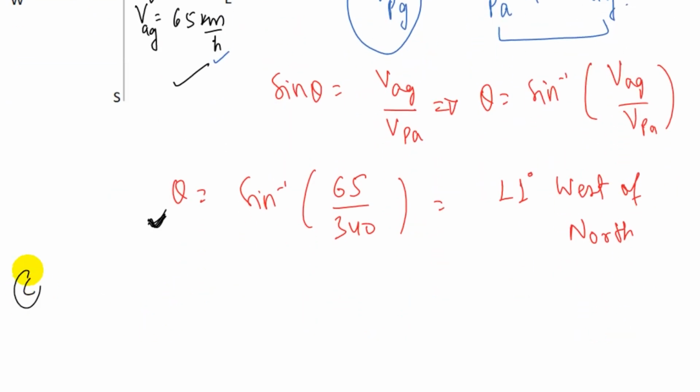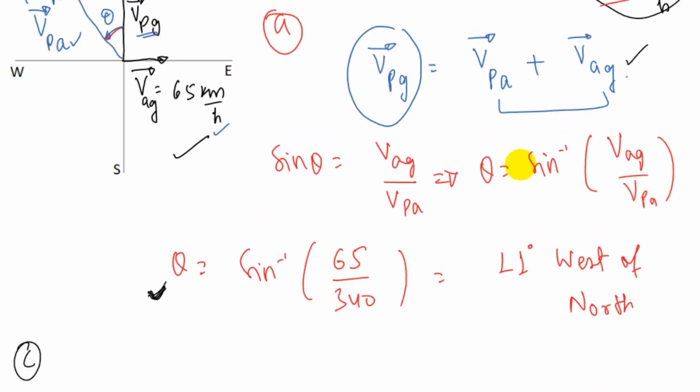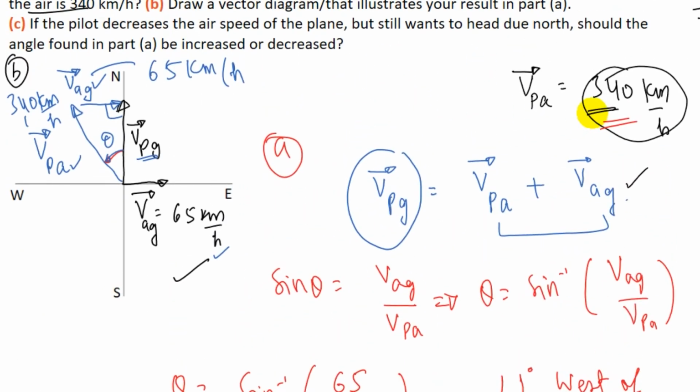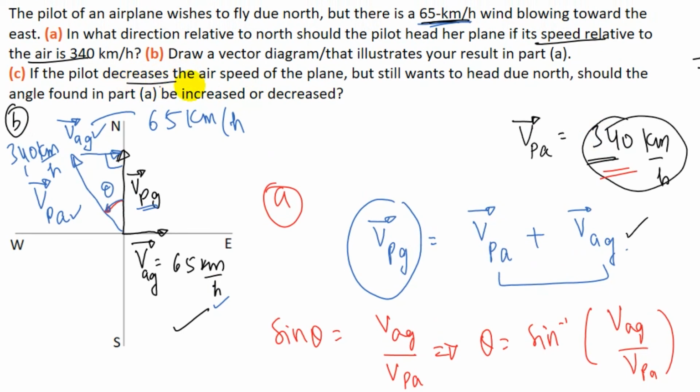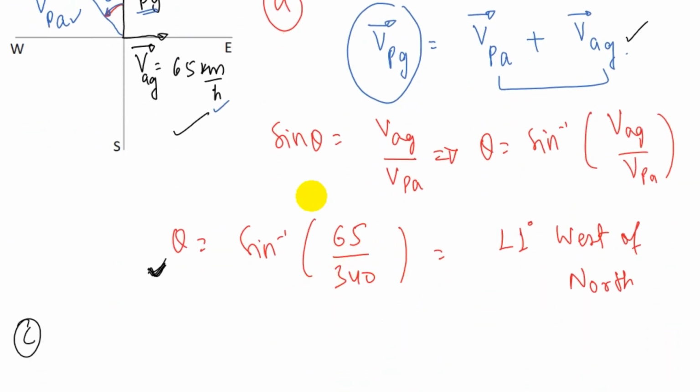Now it's pretty simple. If the speed is decreased, then theta should increase so that the pilot can move towards the north direction. And why? You can see from this equation, if this speed is decreased, this overall thing will increase, and if this increases, theta will increase.